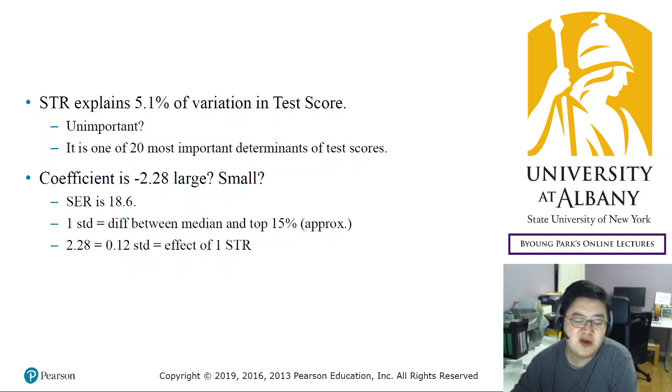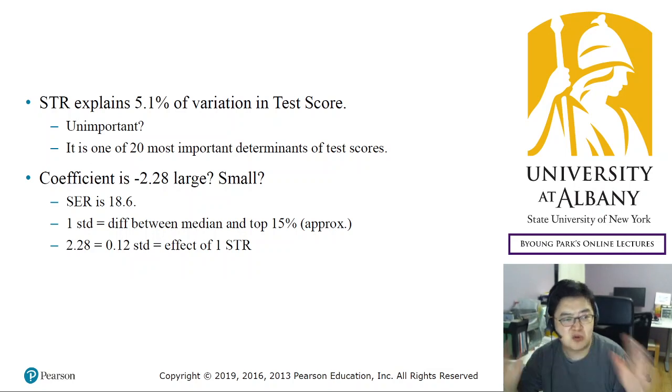Without any background knowledge, just list some important factors that come to your mind, for example the kid's intelligence, the parent's income, parent's education, teacher quality, school facilities, test difficulty, or many things. There are a lot of things.